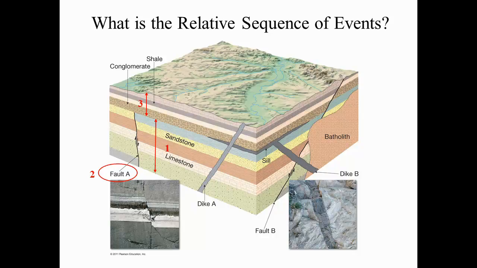Now, to determine what follows afterwards, if you look to the right of the block diagram, here we have a fault B, we have a dike B, and we have a batholith. Now, considering fault B, dike B, and the batholith, what is the next event to occur of those three?